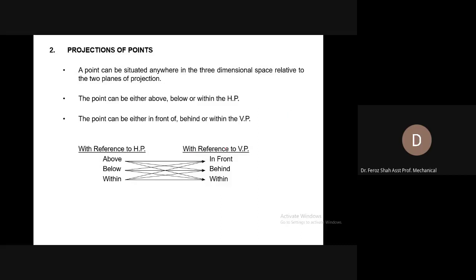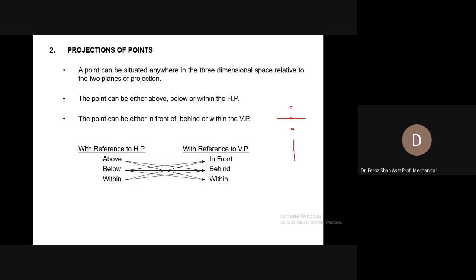So, for example, if we draw a straight line and call it a horizontal plane, anything with respect to this horizontal plane can have three positions: above the horizontal plane, within the horizontal plane, and below the horizontal plane.